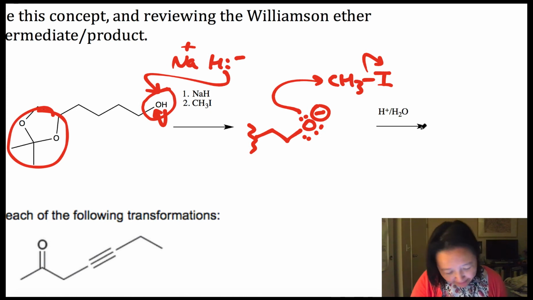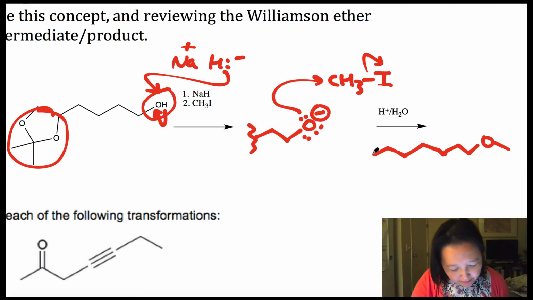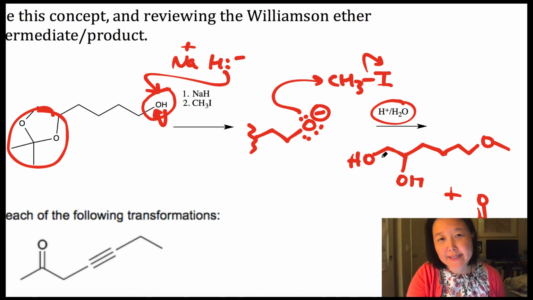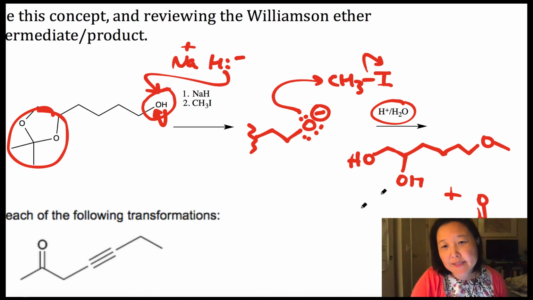Once you make a methyl ether, then you've got that part of the molecule, like that, and then you have the rest of it. But then you have this acid and water, which hydrolyzes it back to here, plus the original ketone. So you have now opened up, or deprotected, the OH groups, the diol.